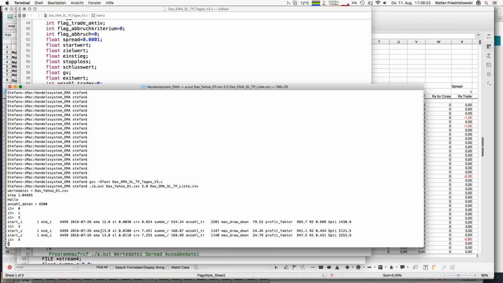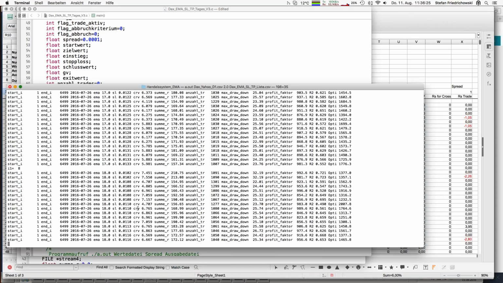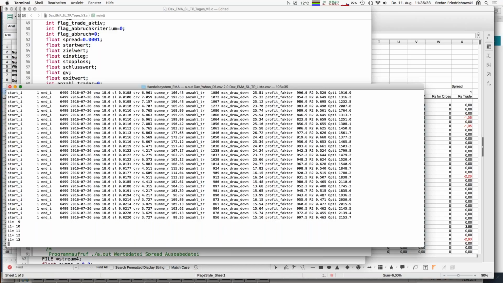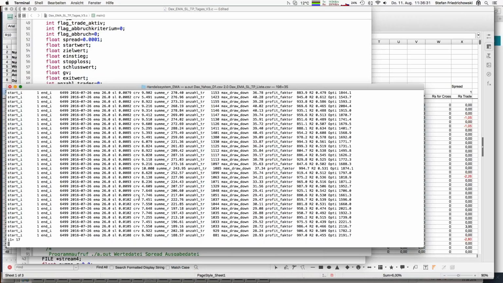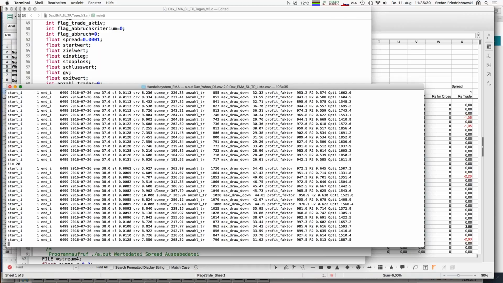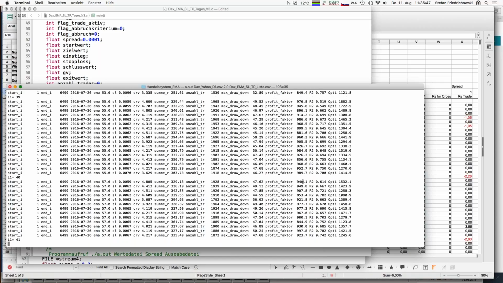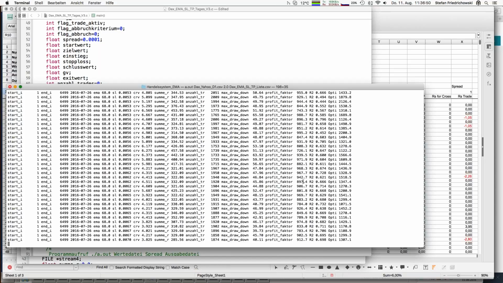that sometimes you get new lines here, and every line is one equity curve, but I don't print all, only if they are good enough, let's call it good enough to be mentioned. In this case, it's a profit factor lower than 1000. Only if that condition is fulfilled, I do a printing here on the screen.